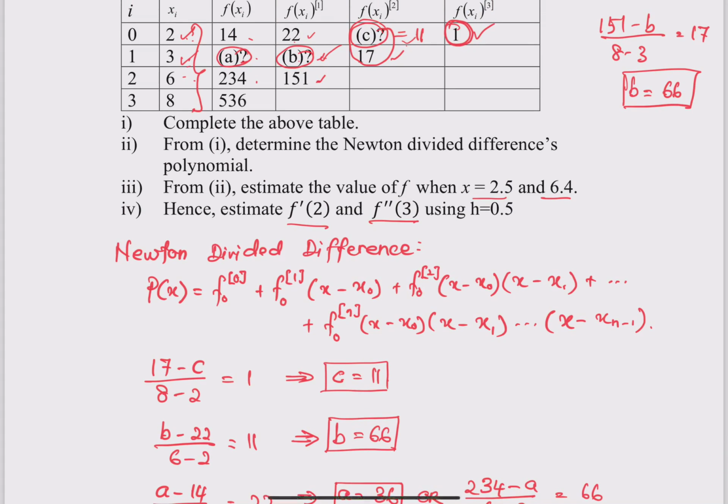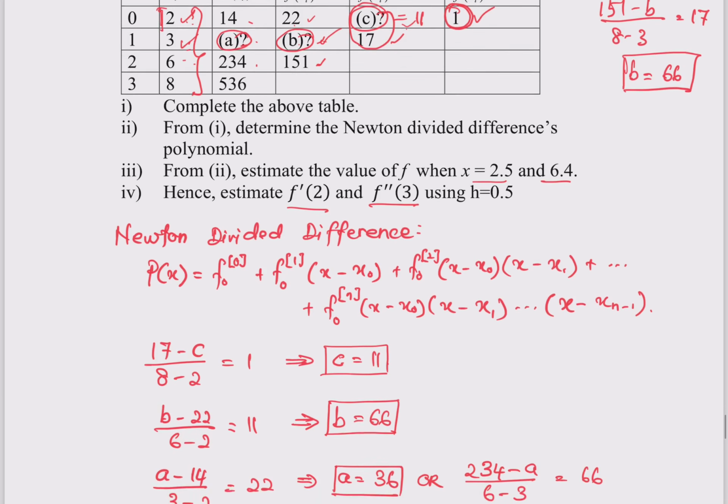So this is what you already learned in the previous chapter, and then hence estimate f prime 2. So when x is equal to 2, you have so many formulas in the first derivative, but we need to choose the correct one.